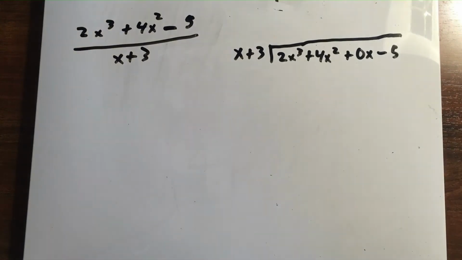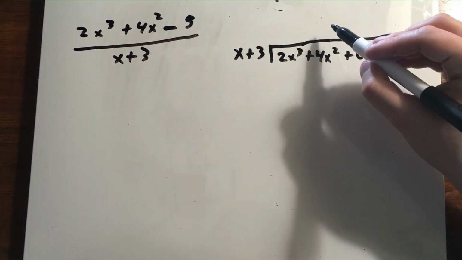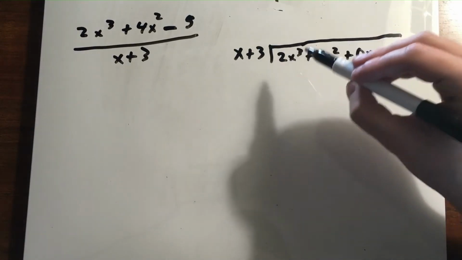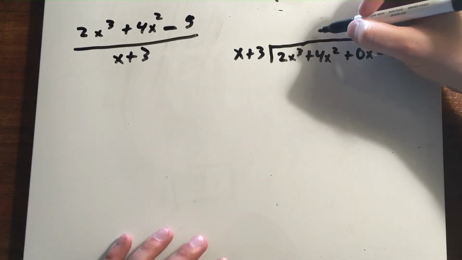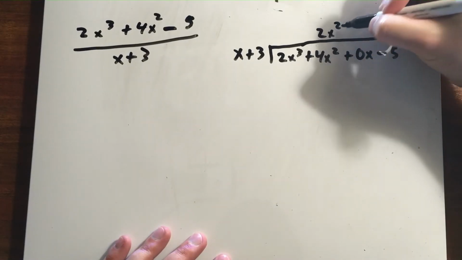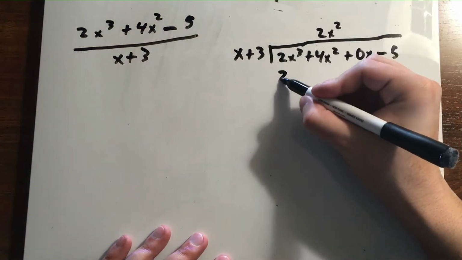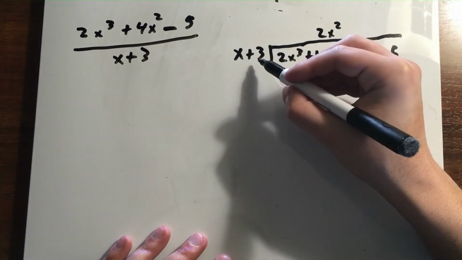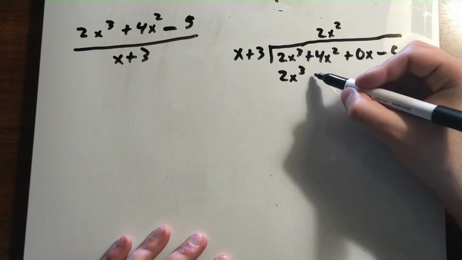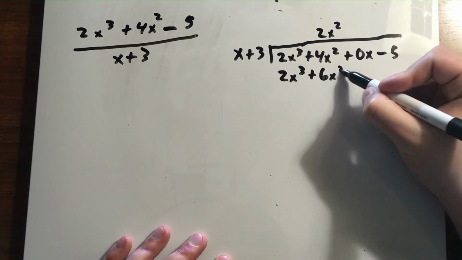So once again, same process. What can we put up here that when multiplied by x will give us 2x cubed? Well, we can put 2x squared. 2x squared times x is 2x cubed. 2x squared times 3 gives us 6x squared.